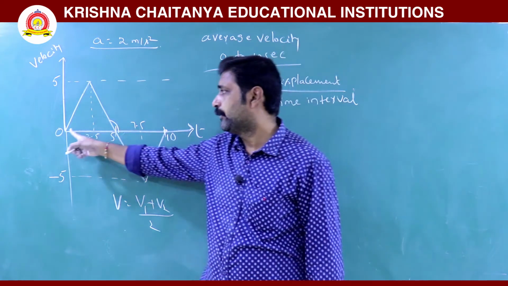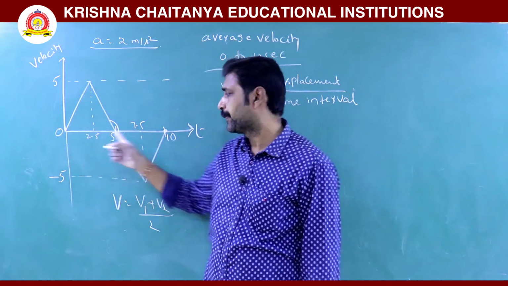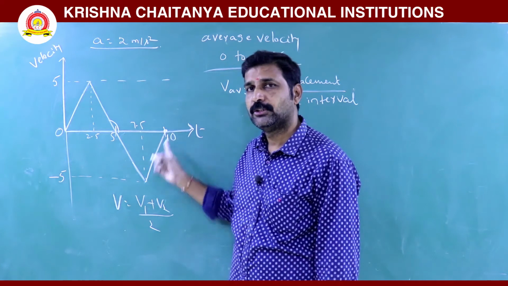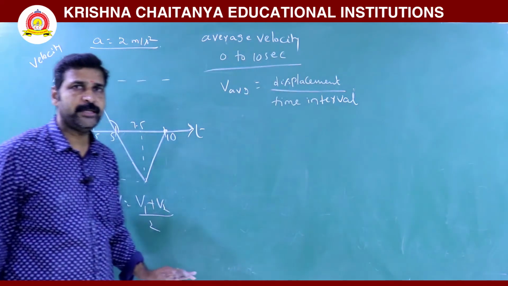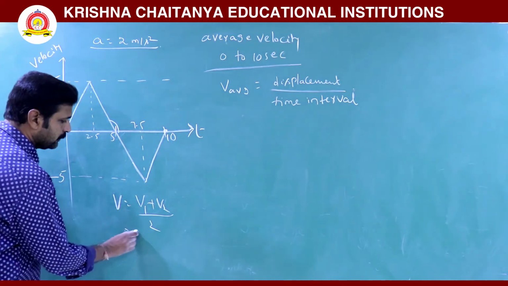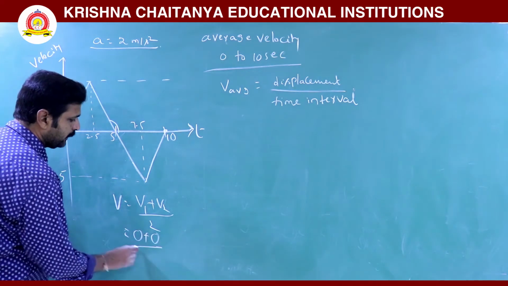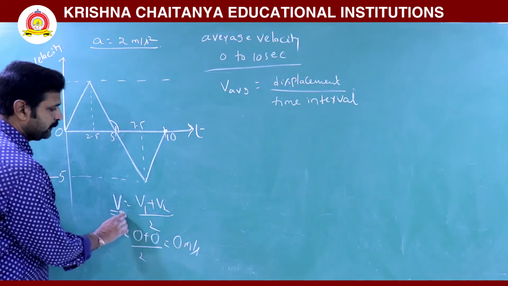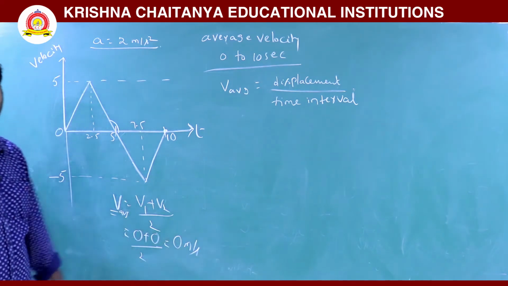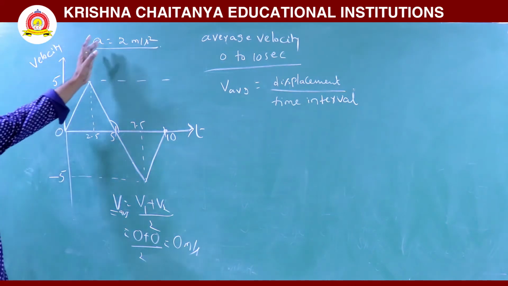That means initial velocity 0, final velocity 0. So 0 plus 0 by 2 is 0. So simply without doing any calculation, not using a pen, you can find average velocity from this formula. But this formula is used only when acceleration is constant.